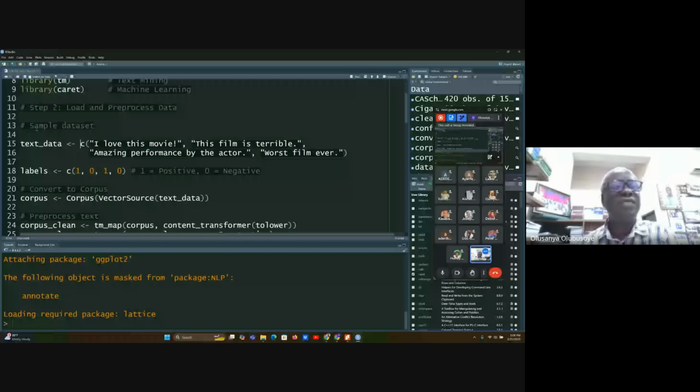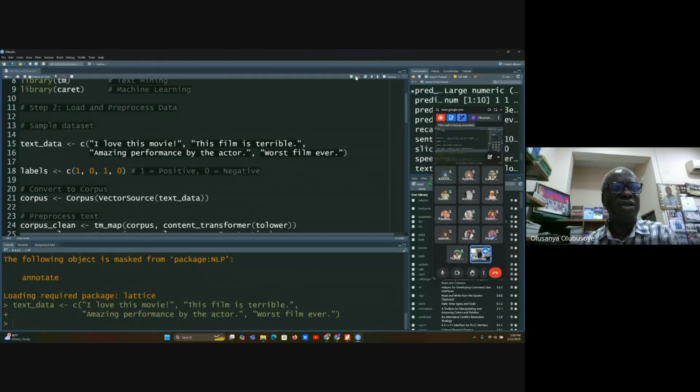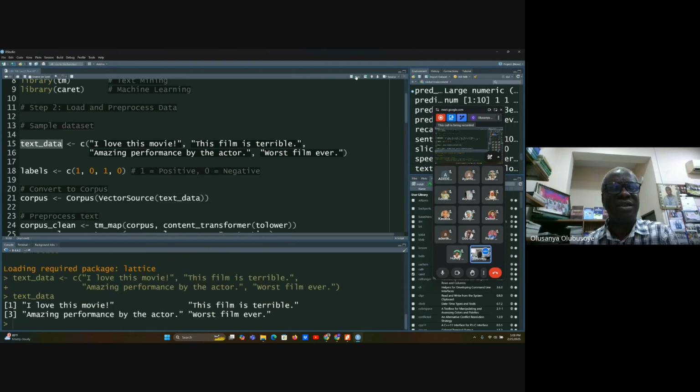Then after you have put the features in this text underscore data, it will store it there. For instance, if I run this now, you can even see the data. This is what is stored.